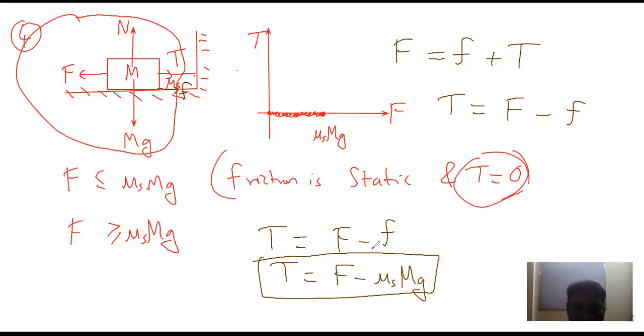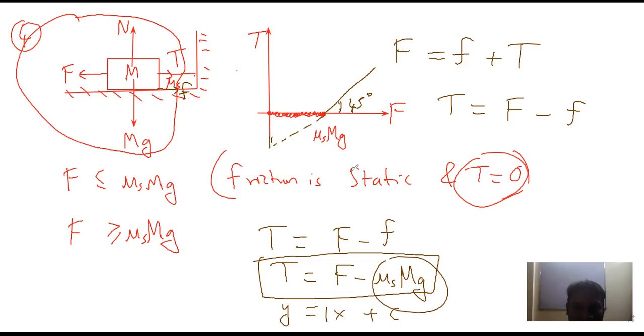So from this we can say the graph will now start increasing. Capital F value minus mu s mg. So in that case we will have an increasing graph like this. And this graph will make an angle of 45 degrees. Why? Because this is a straight line, y is equal to x plus c, where the coefficient is 1. So this mu s mg is a negative constant, a negative intercept.